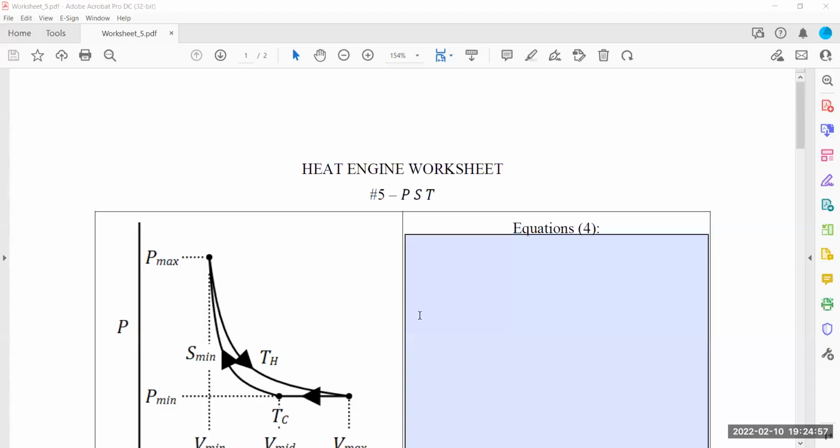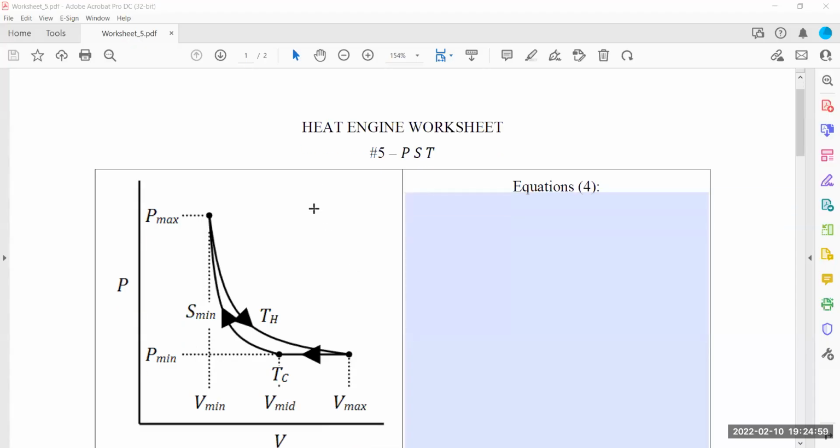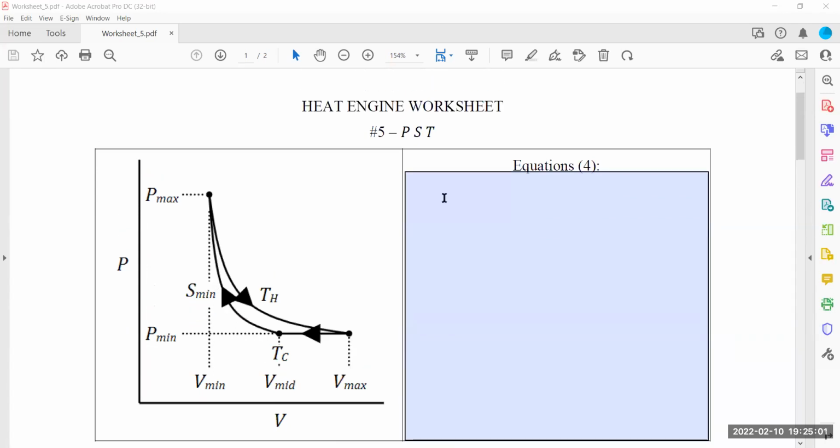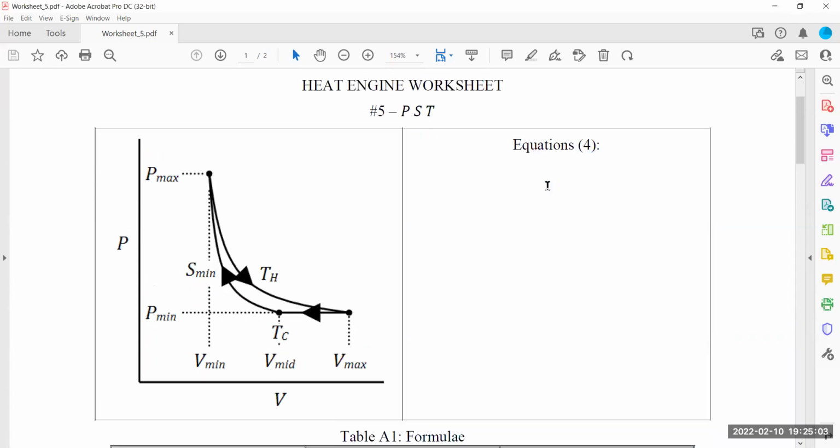Okay. So I'm going to share with you this engine. Obviously, all of these engines are 3-stroke engines, which means that they're not practical. So the first part in here is to write the equations. I have 3 processes in engine 5. The first one, I always start from here, from Vmax to Vmid.